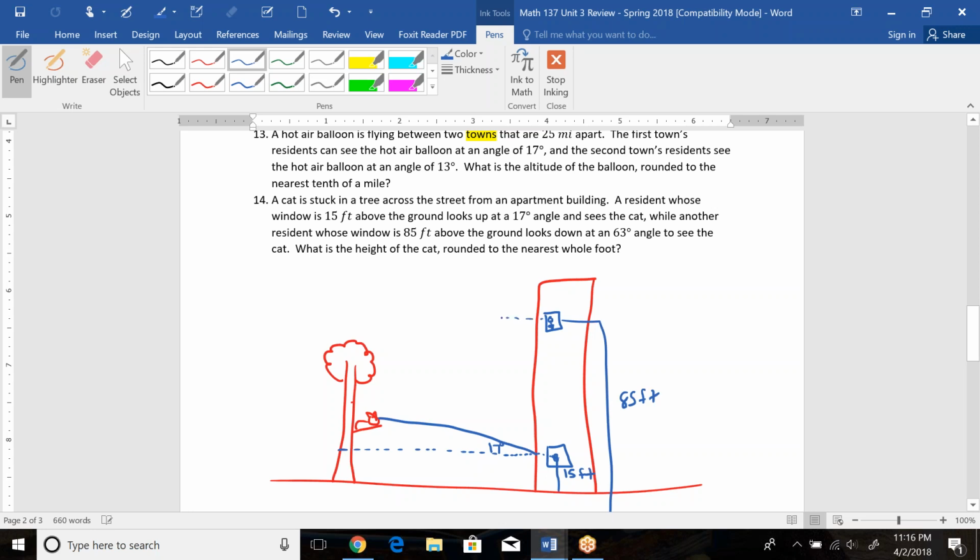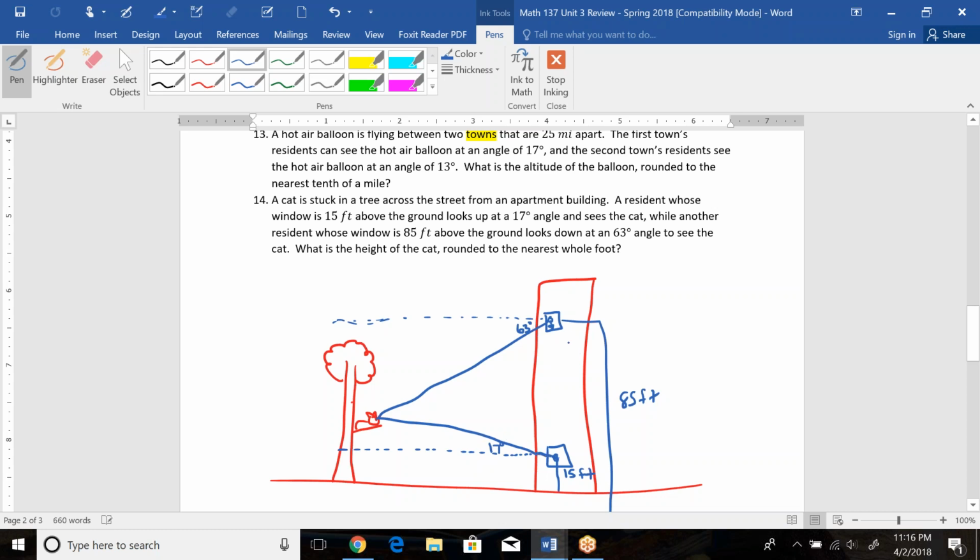And they have a horizontal line of sight as well. It's not a very good horizontal line. And they're looking down at the cat, and that is 63 degrees for that angle of depression. So we have an angle of elevation down here of 17 degrees and an angle of depression of 63 degrees.